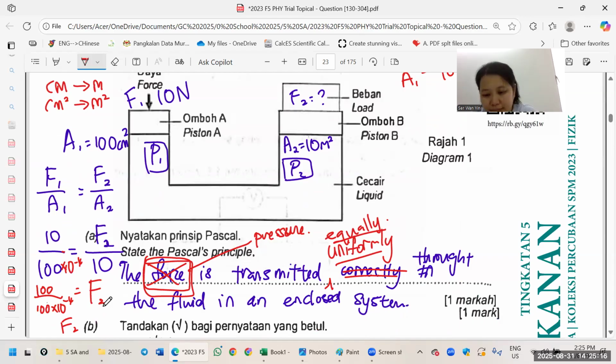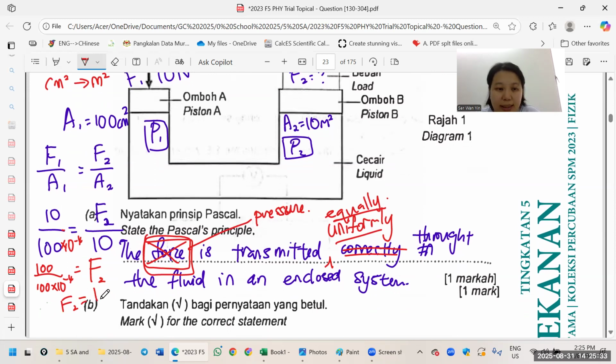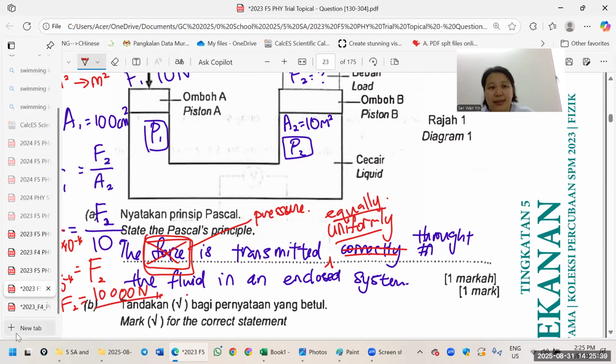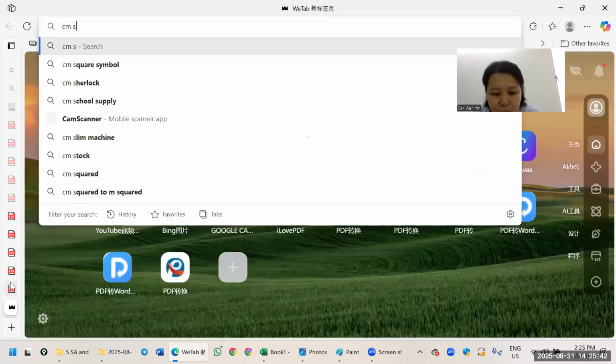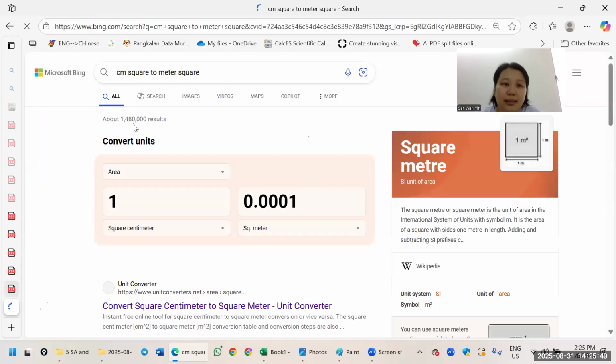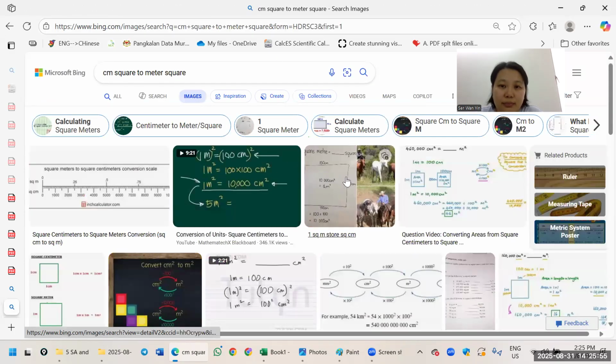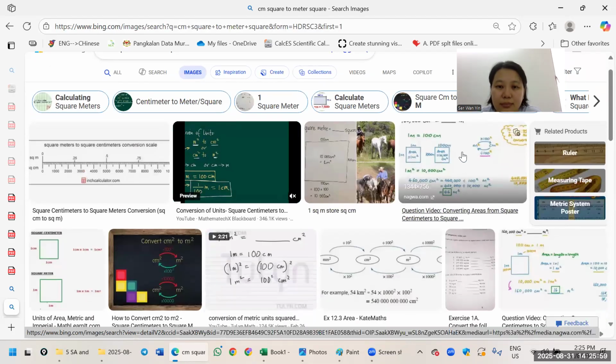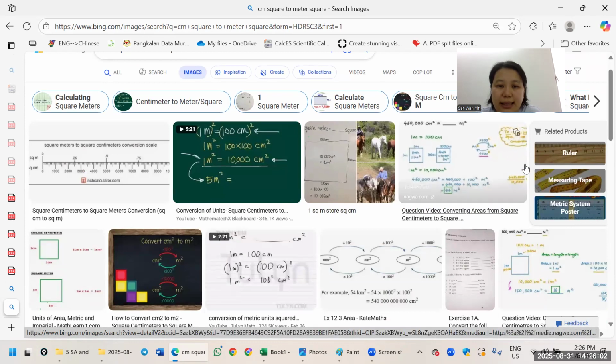Answer will be 10,000 Newton. I like this method lah.